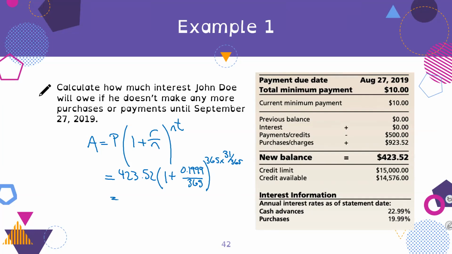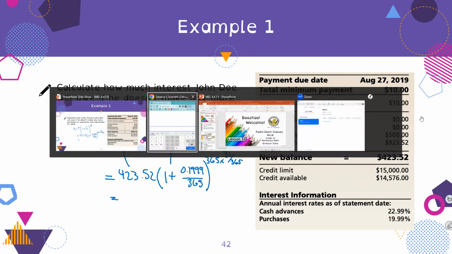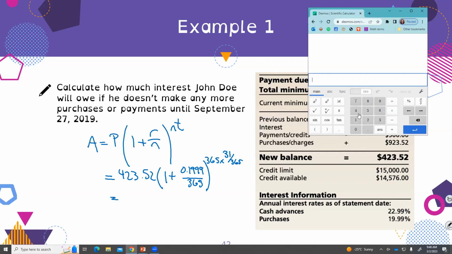Okay, so we're going to put this into our calculator and find out how much interest we would have to pay. And this, again, is the same as what we've been doing before. So it's not different. We're just finding that information in a slightly different place.